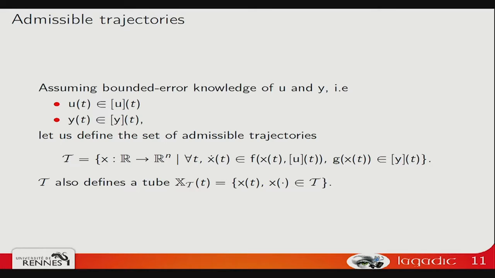It is general: sometimes the robot does not have any sensor to relocalize, so we will only have an initial condition and this differential inclusion. So this is the set of all admissible trajectories, and this set also defines the tube of all the possible states at given times. So X(t), for each time t, corresponds to the set of all possible states for the robot.